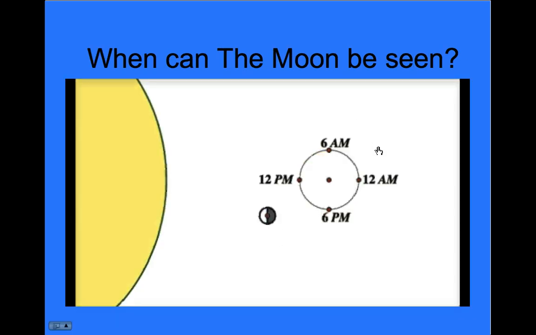If you look over here at this little video, at any given time, half the people on Earth can see the sun and half can't. That's day and night. Likewise, half the people can see the moon and half the people can't.